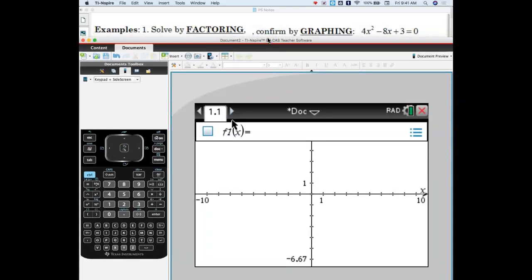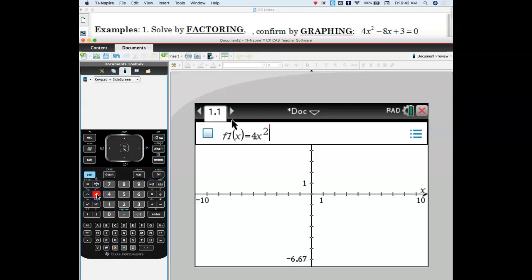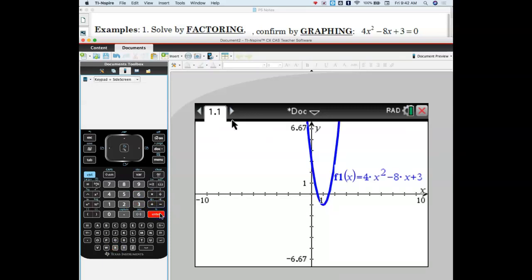As long as my equation here is equal to 0, I can just type in the other side. So 4x squared minus 8x plus 3. Shabam, there it is. Okay?